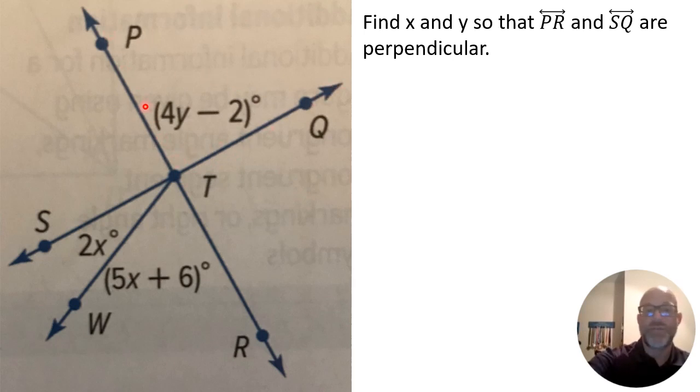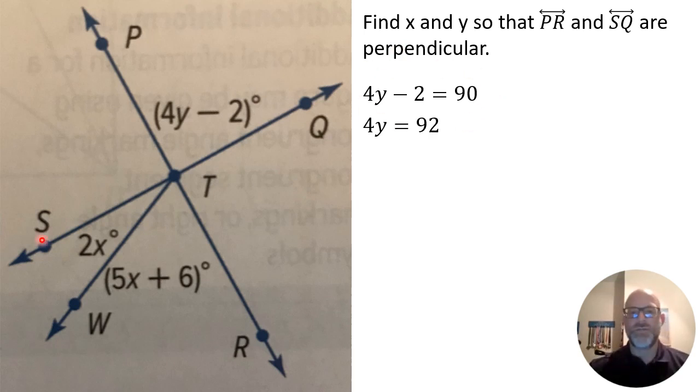We also know its angle measure is 4y minus 2. So we can say 4y minus 2 equals 90. Now it's an equation of one variable, so we just solve for the unknown, and we get 4y equals 92, and y equals 23. Great.